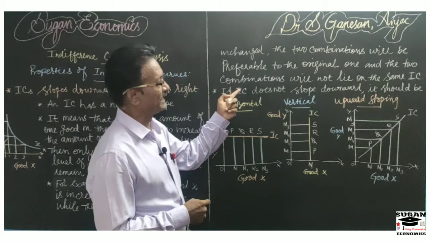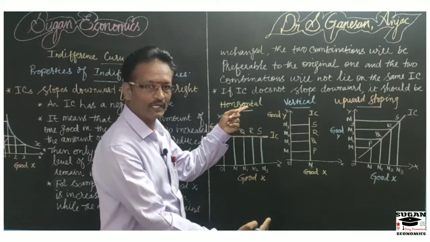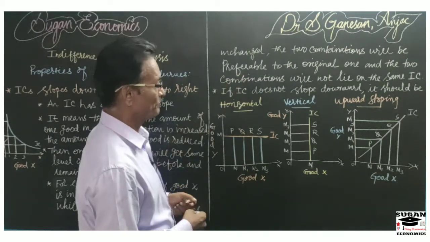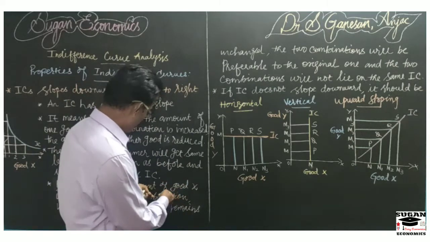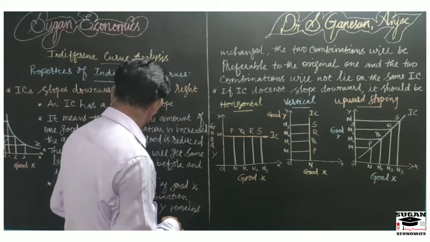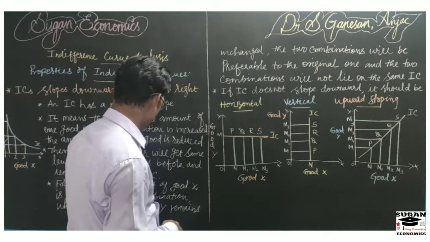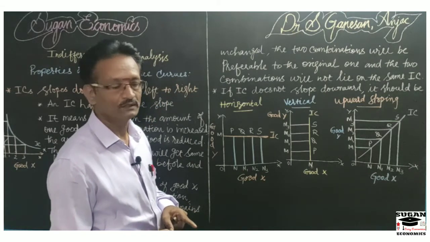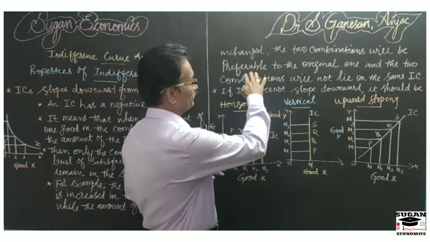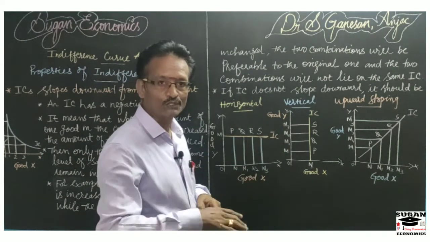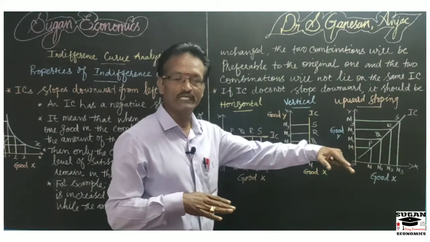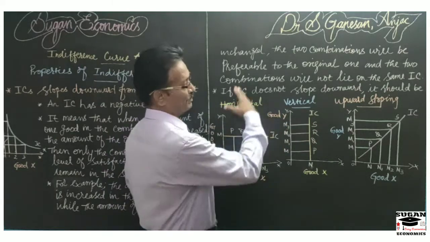In the previous case, if a consumer adds commodity X, he is reducing commodity Y. But in the new combination, the consumer is increasing the amount of good X while the amount of good Y remains constant. So the second combination will be preferable, because there is no change in commodity Y but the consumer is increasing commodity X, so definitely he will get a higher level of satisfaction than before.